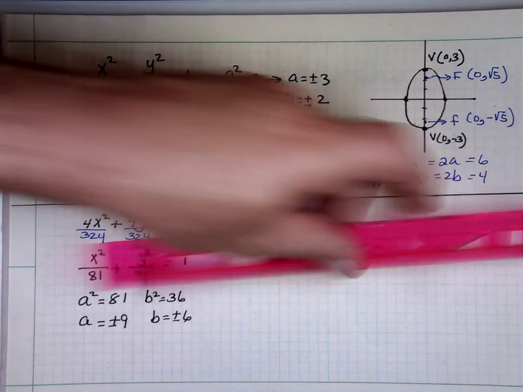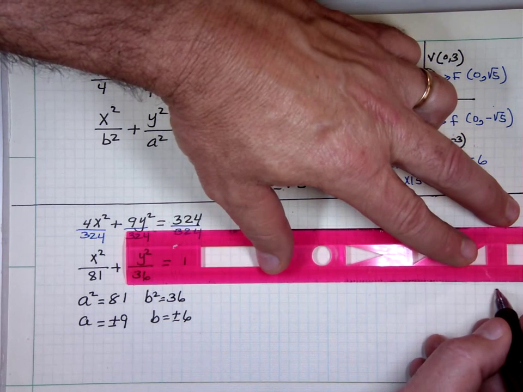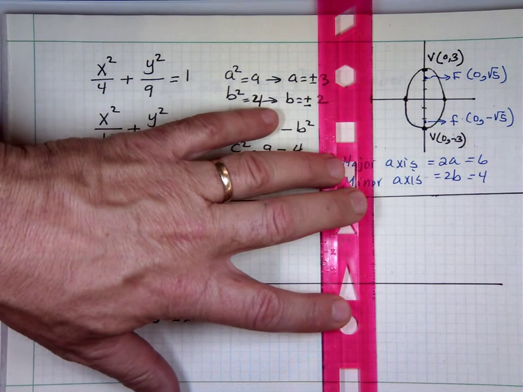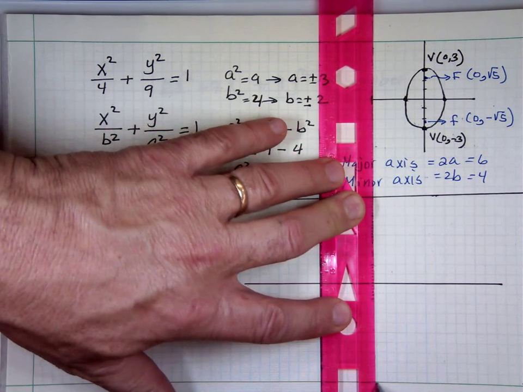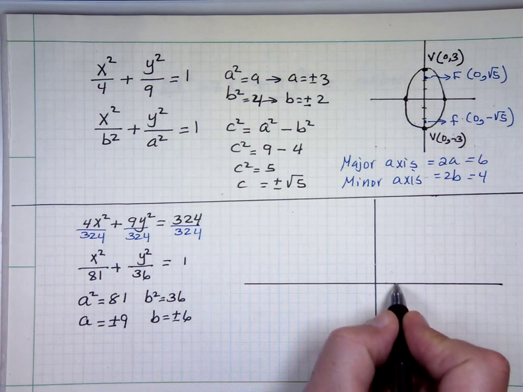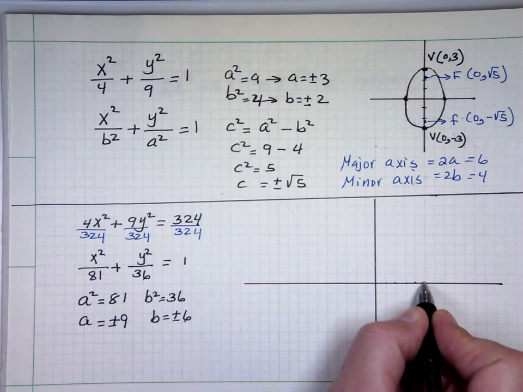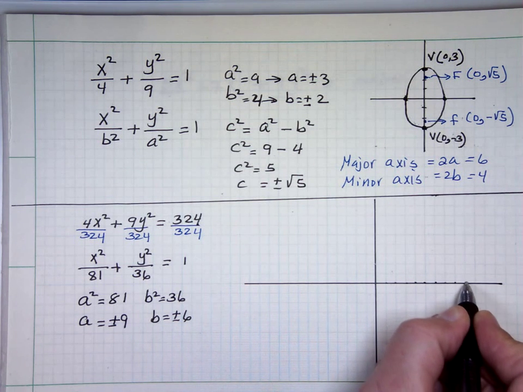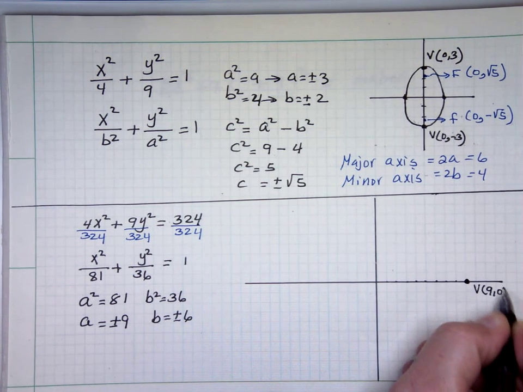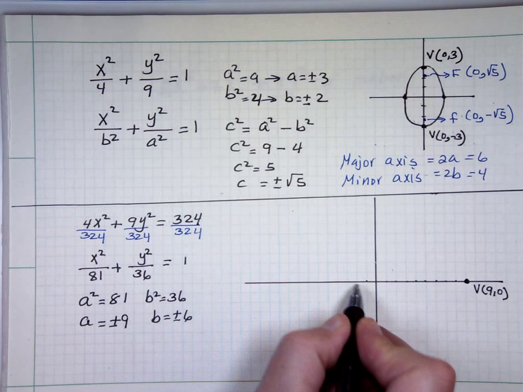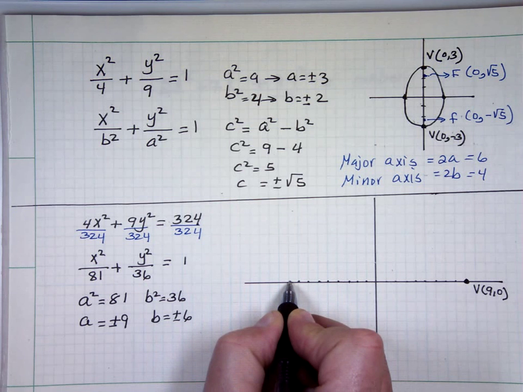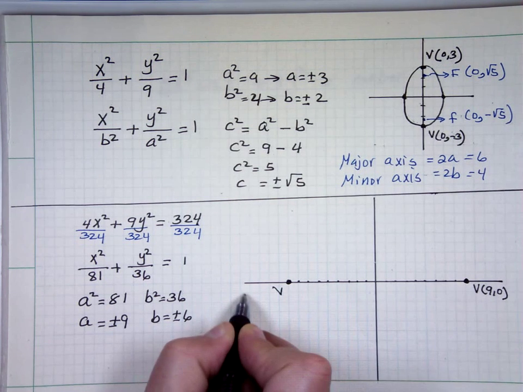Let's graph that. So in the x direction, I need to go 9 and 9. 1, 2, 3, 4, 5, 6, 7, 8, 9. That's my vertex. 9 comma 0. Go 9 to the left. 1, 2, 3, 4, 5, 6, 7, 8, 9. That's the other vertex. Negative 9 comma 0.